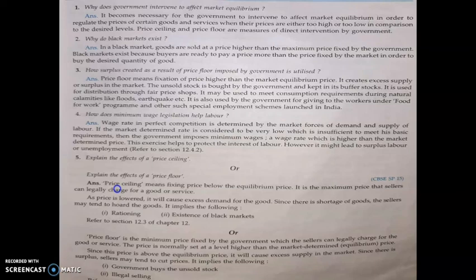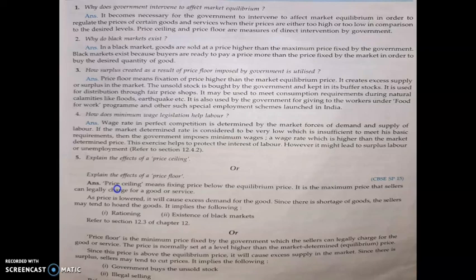Then what is the effect of price floor? Just opposite of price ceiling. Price floor is the minimum price fixed by the government which the seller can legally charge for the good or service. So the price is normally set at a higher level than the market determined price. Since this price is above the equilibrium price, it will cause excess supply in the market.